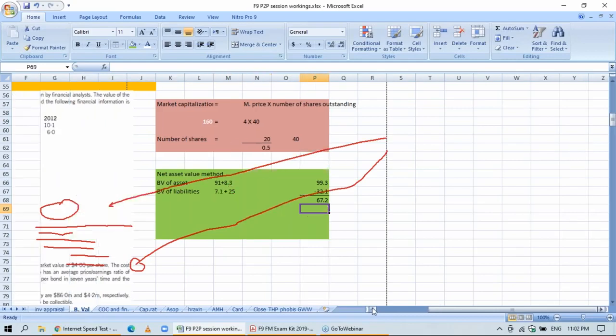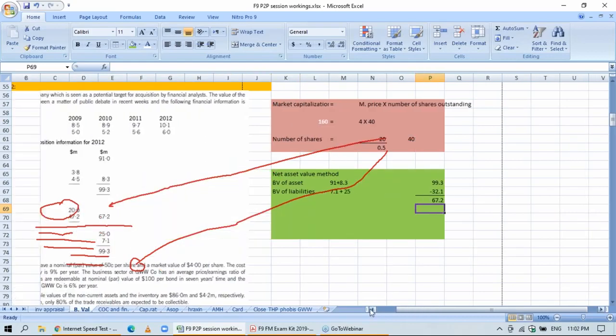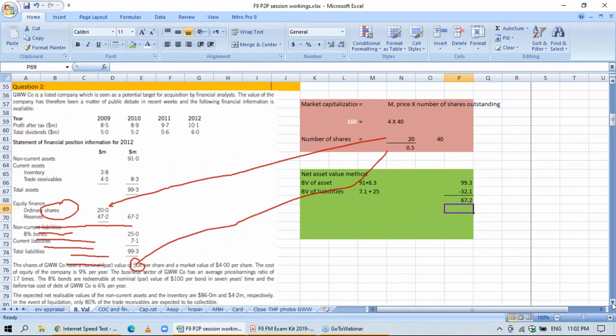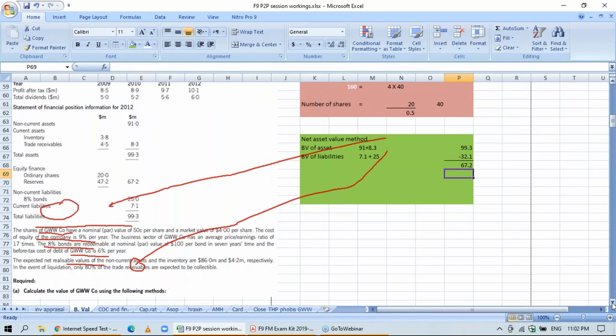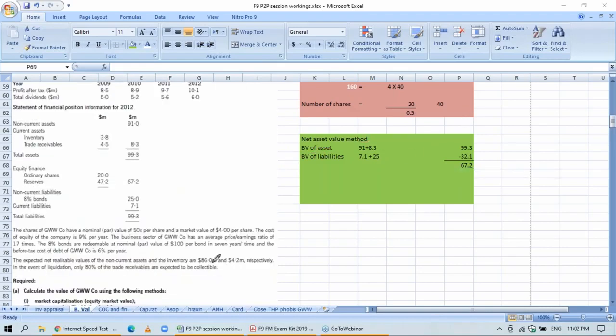So what the question says, you can see from the question. Please go through this paragraph. Let me first erase the drawings, then we move on to the values. They say that the expected net realisable value of the non-current assets and the inventory are this much. Inventory's NRV is 4.2 million and the non-current assets' is 86.